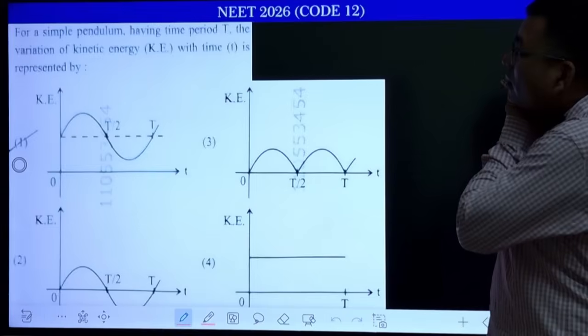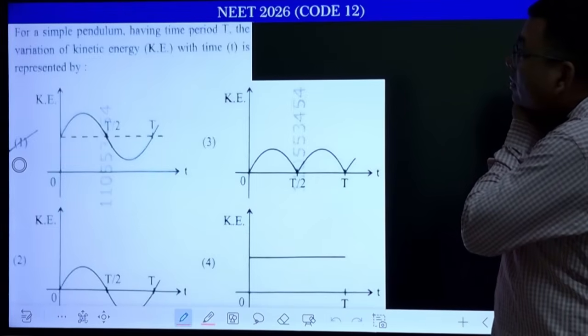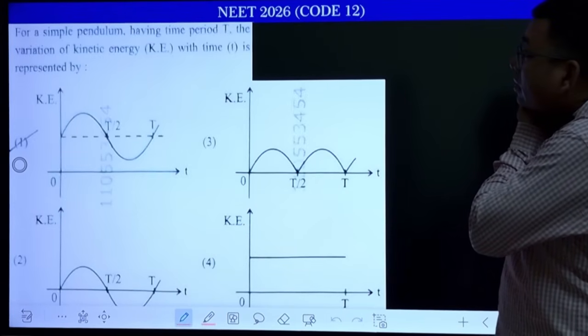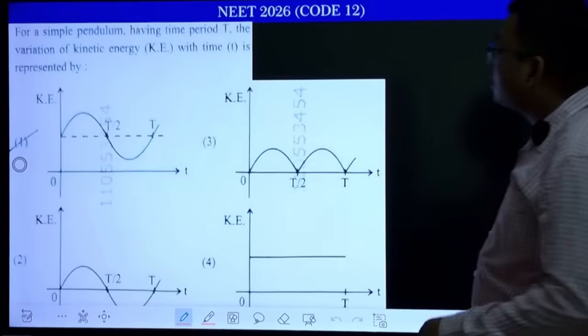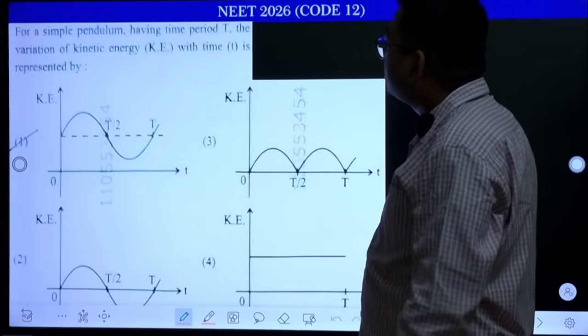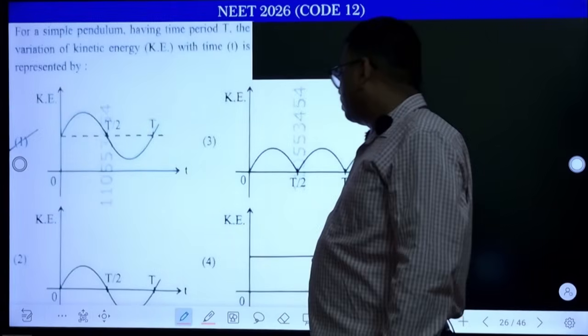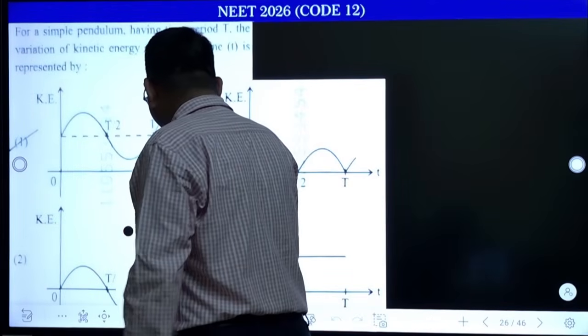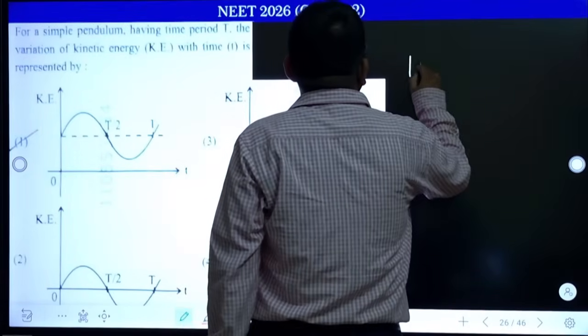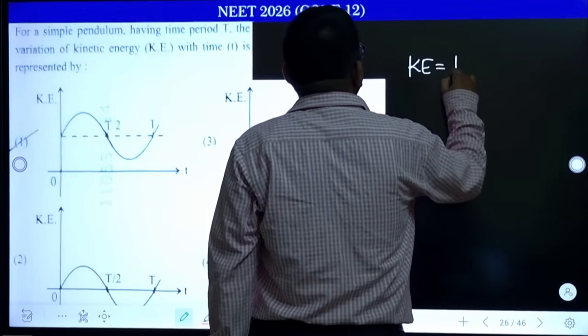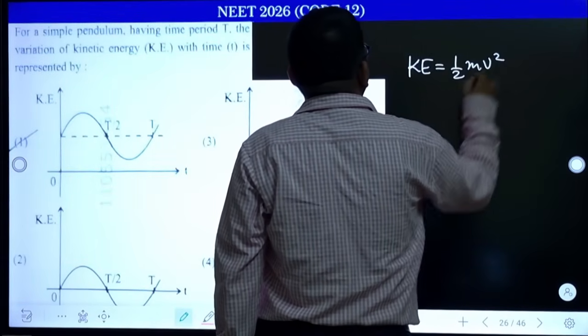For a simple pendulum having a time period, the variation of kinetic energy with time, they are asking for the kinetic energy with time graph. So let us write the kinetic energy formula. Kinetic energy is half mv square.